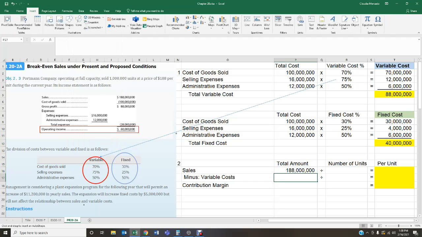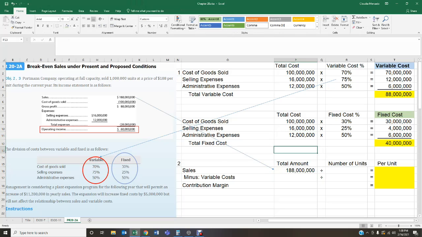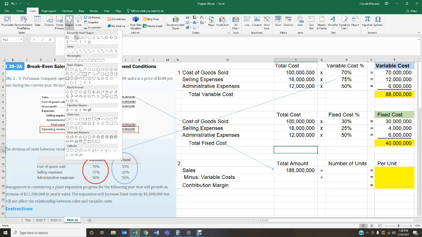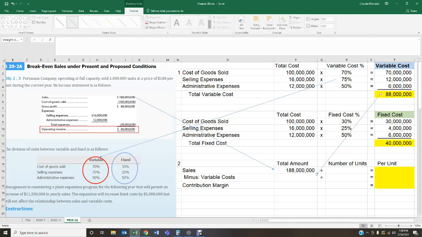That is coming straight from the problem, right there. Okay, 188. Okay, so we've got our sales, and then we've got our variable cost. Our variable cost was calculated in the first requirement. Our variable cost is $88 million.